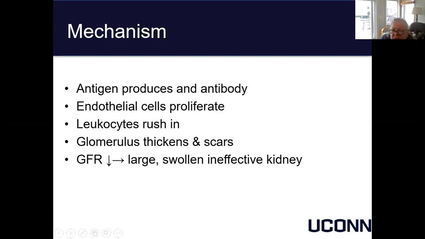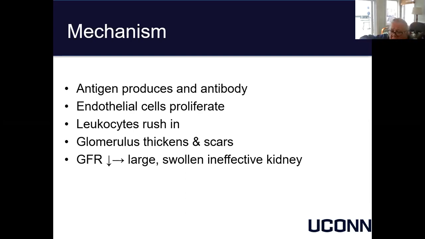Again, what happens is there's some sort of infection, antibodies are produced, the endothelial cells go into hyperdrive, leukocytes come in because there's been some inflammation and injury. This causes glomerular scarring and decreased glomerular filtration rates.